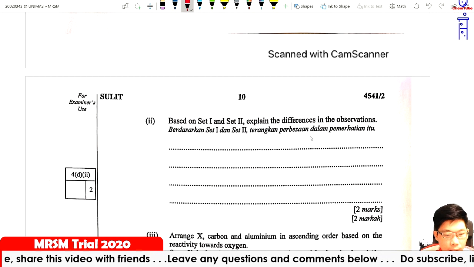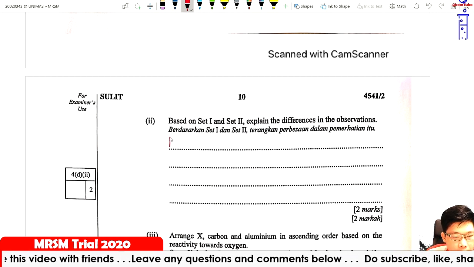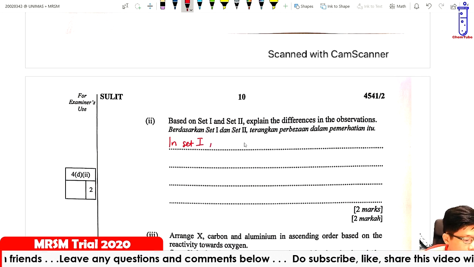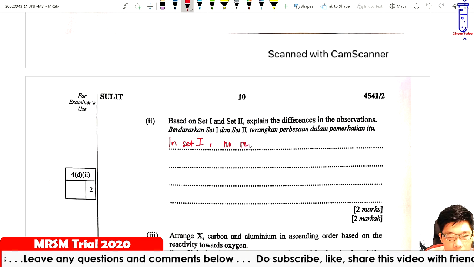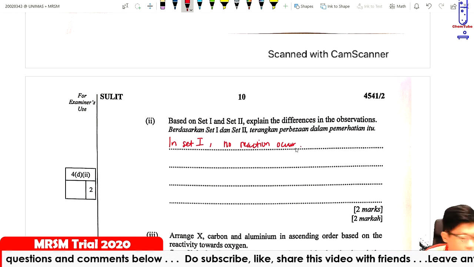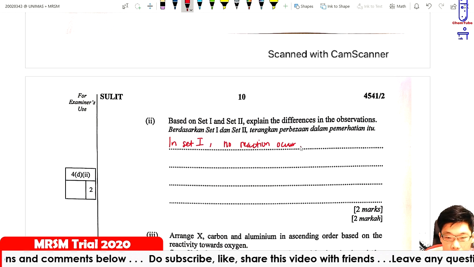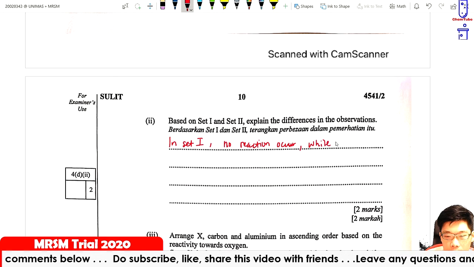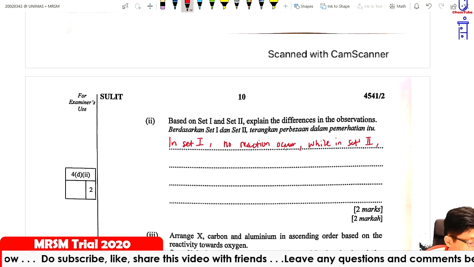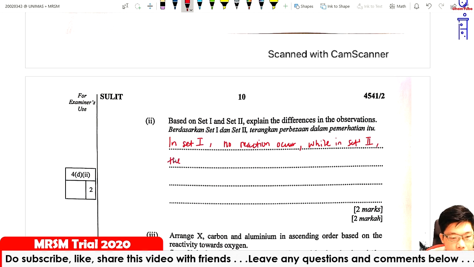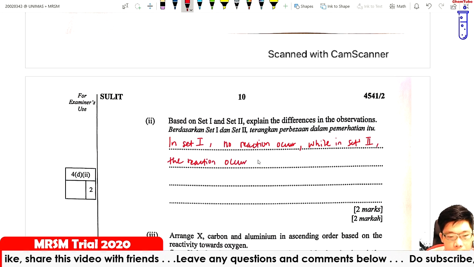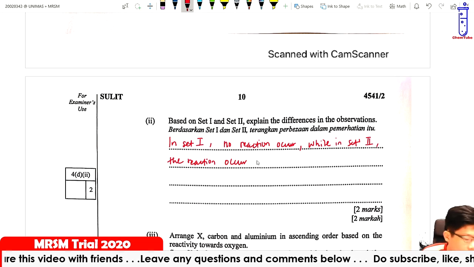In set 1, no reaction occurs, while in set 2, the reaction occurs, or you can say the copper is formed.